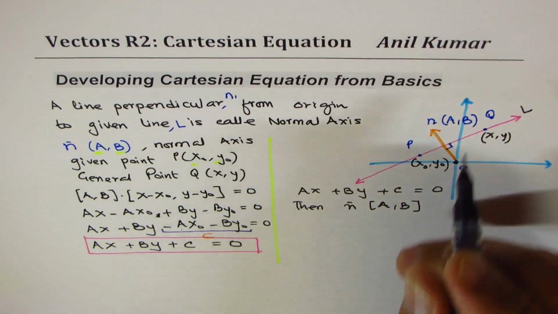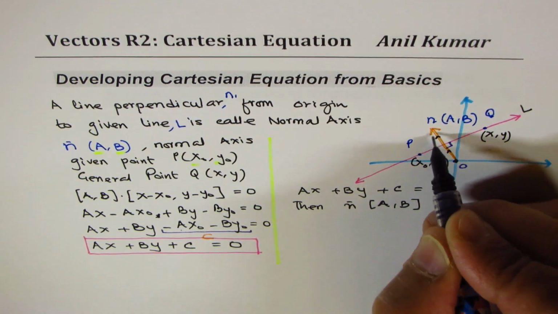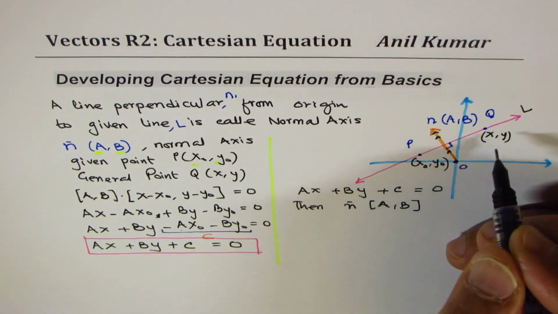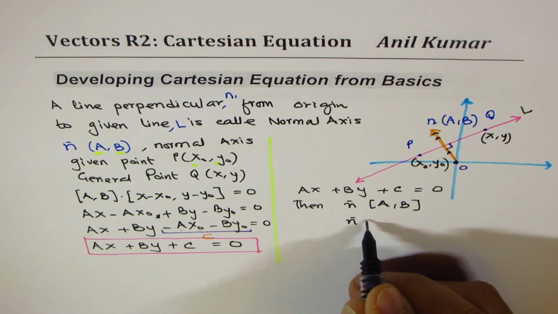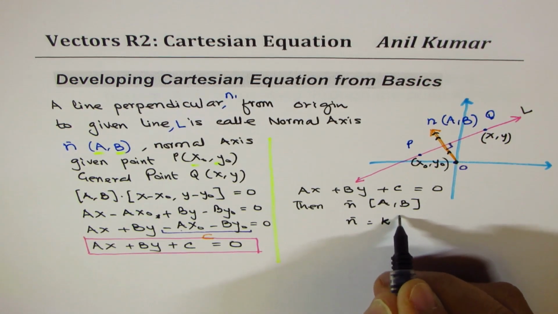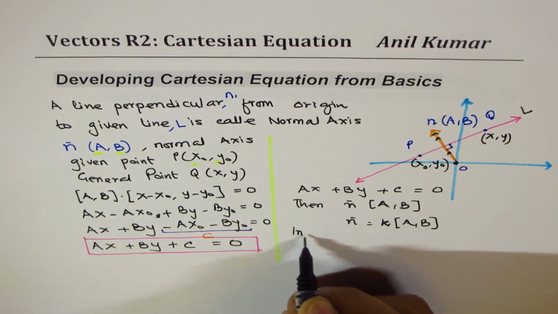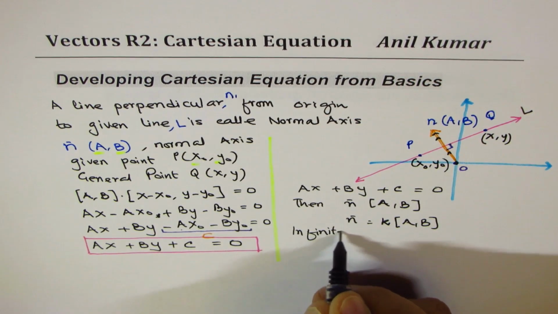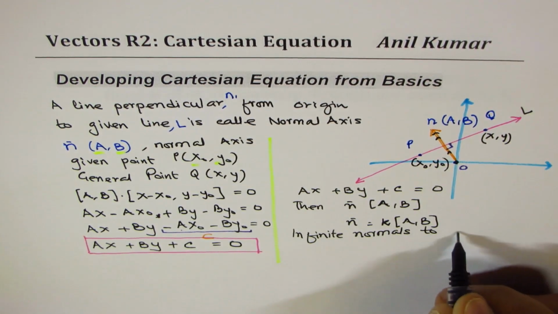Now, you'll also notice that vectors of different lengths could be normal to this line, right? So that means we could write n as any scalar multiple of AB, and that means there are infinite normals to any line.